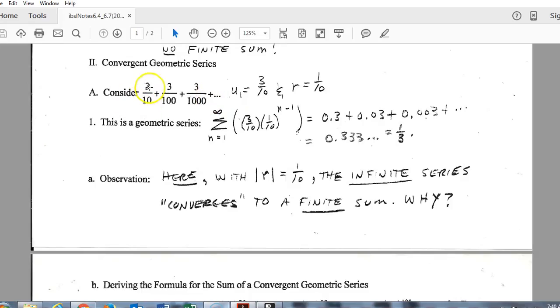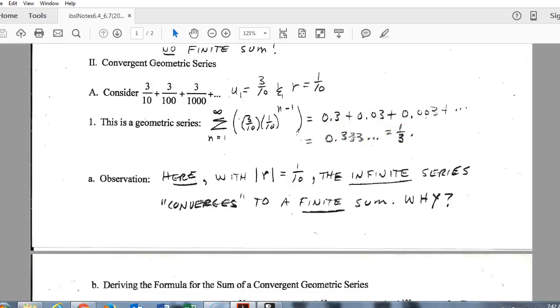Here's the first term, 0.3, and then 0.03, 0.003. If we keep doing that pattern and start adding those together, you get 0.3 repeating forever. And so we know that this is the same thing as having 1/3 as a fraction. So this is one way of getting fractions like this for repeating decimals.